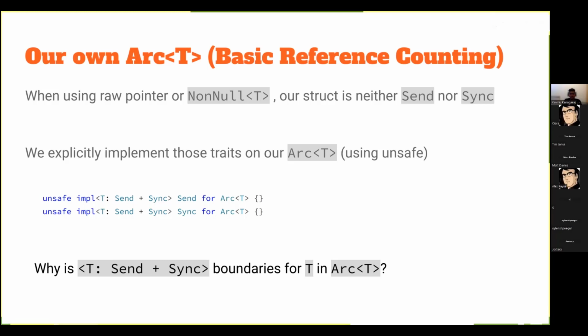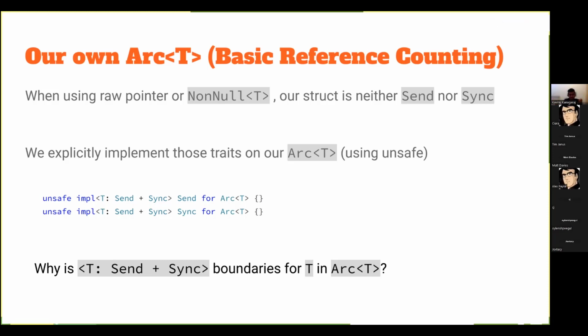The reason being, think of it: at any point in time, there can be multiple threads accessing this type T, and it is completely possible that you create this T, allocating it on the heap in one thread, and it has to be deallocated in another thread when the count drops to 0, for example. So there has to be a thread ownership transfer. That's why we need Send for this type T.